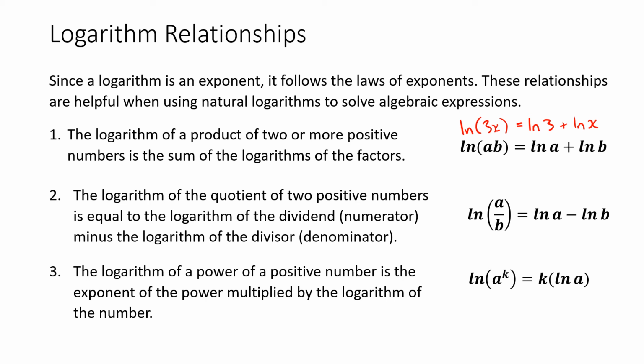Now this would be the same if you were to do it with log, okay? So if you had the log of a times b, this is equal to the log of a plus the log of b, okay? Obviously, this would depend on if the base here is 10, okay?